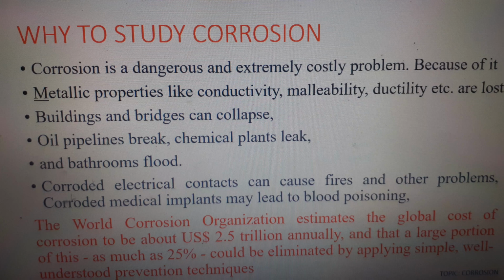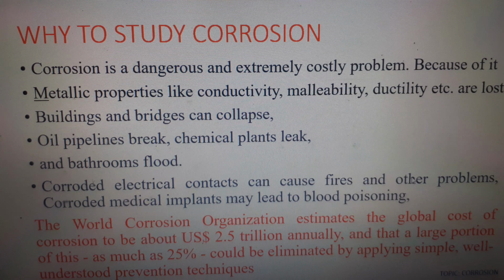If corrosion happens in electrical contacts, it can cause fire also, and a medical implant may lead to blood poisoning. When we have implants that are made of metals, and if they fail, if they corrode, then it leads to blood poisoning, which can lead to the ultimate death of a person.